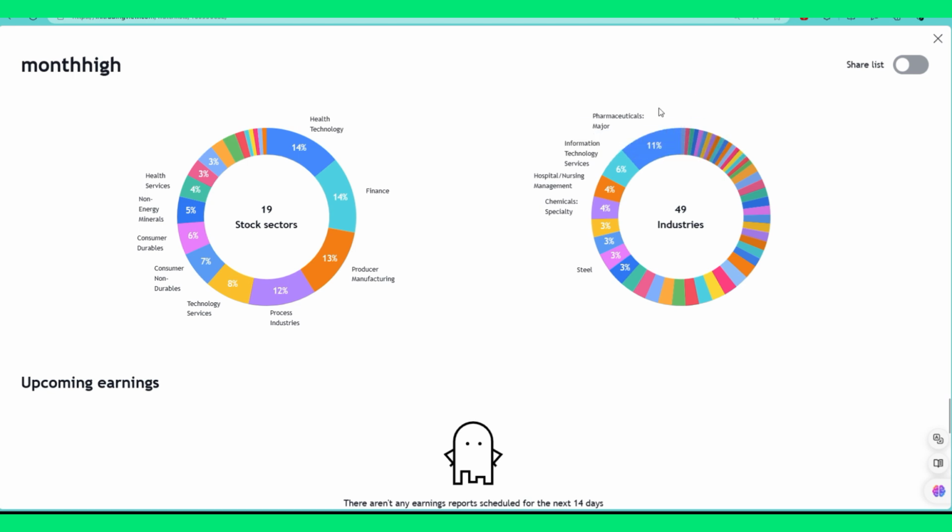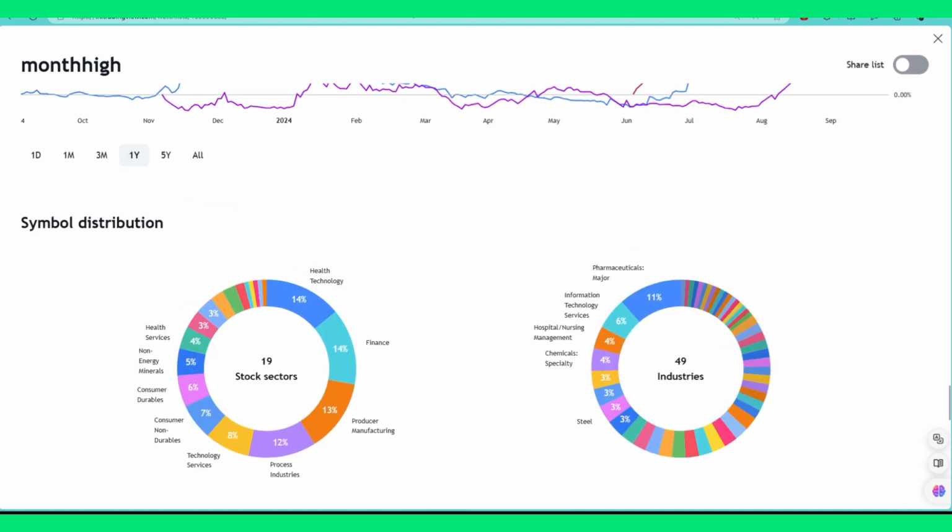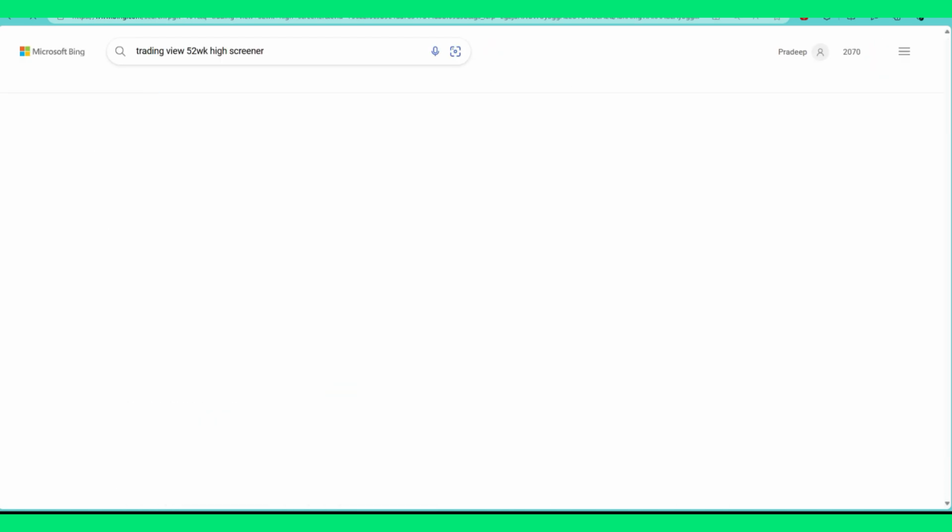Here we see that pharma is the highest distribution, so we have to look at pharma stocks and probably finance are the ones which are sector wise leading. So that's a good outlook that we can get.